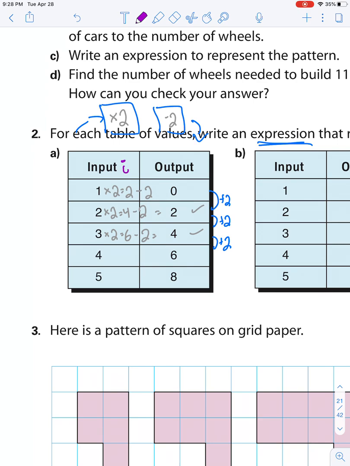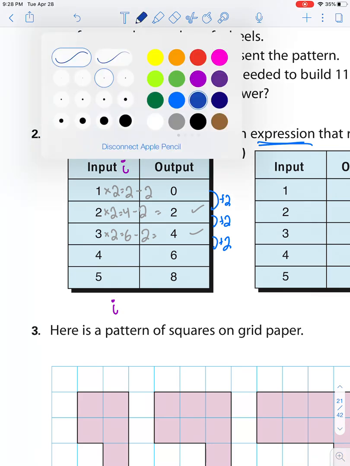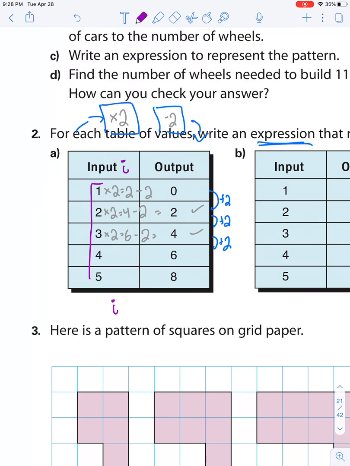So I'm going to have I as my variable, and I'm going to put an I here. And then I know that our input is here. So basically what I've done is input times 2 minus 2. That is one option.